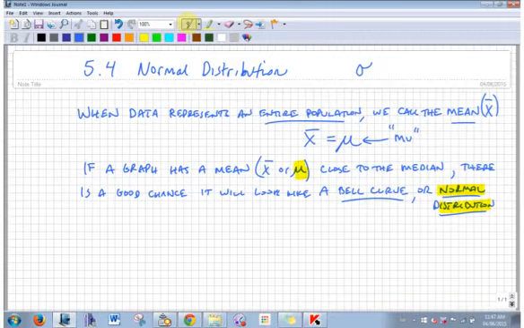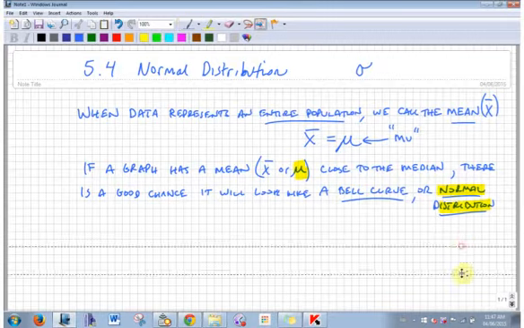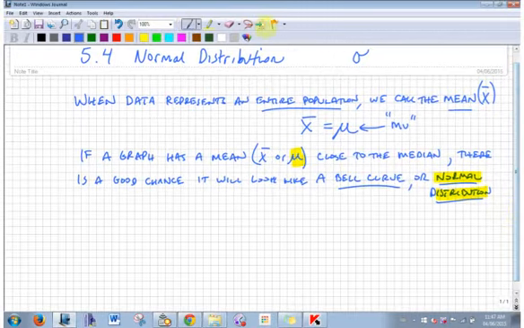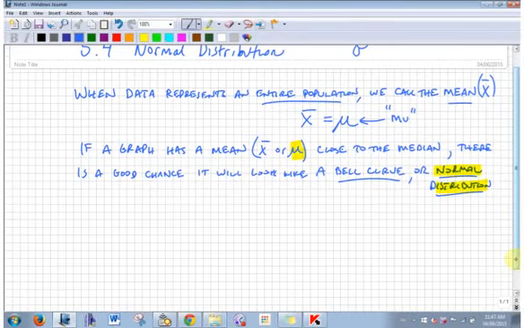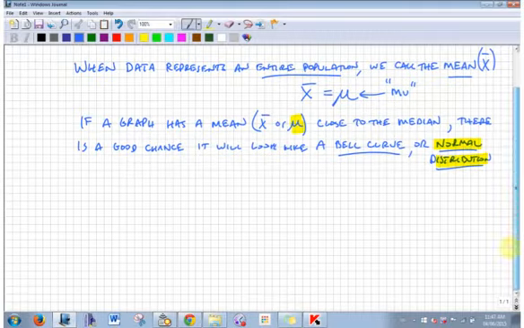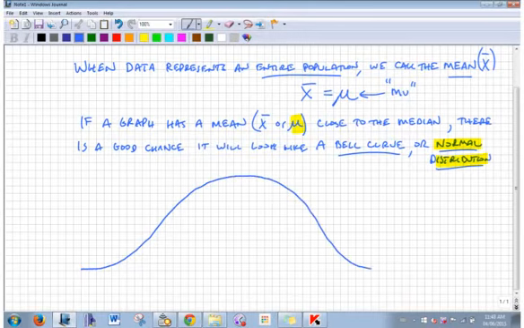Okay? Now, there's lots of stuff going on in a simple little bell curve. So let's draw one, nice and neat, and nice and big. And this thing should look symmetrical.